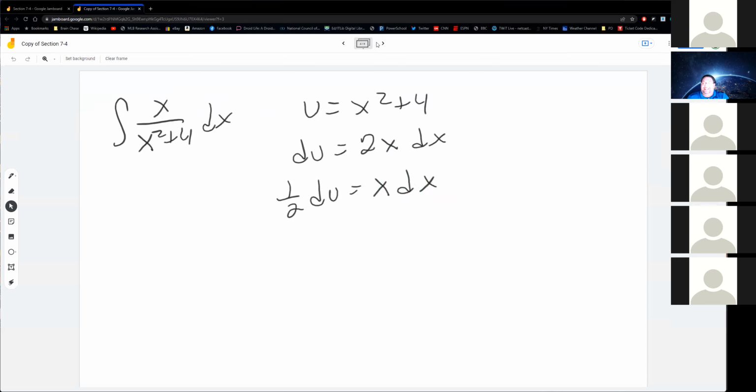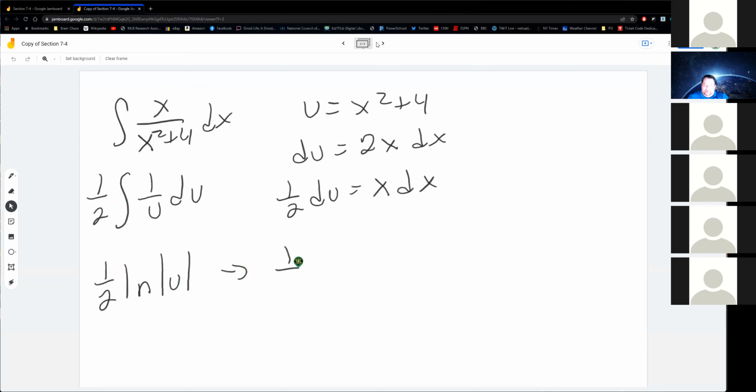Notice I have my x up on top. That's what allows me to do my u substitution. So this problem becomes 1/2 the integral of 1 over u du. So it's 1/2 ln of u, which is 1/2 ln of x squared plus 4. If I didn't have the x up there, I wouldn't have been able to do this u substitution, which we're going to see in the other part of this problem.